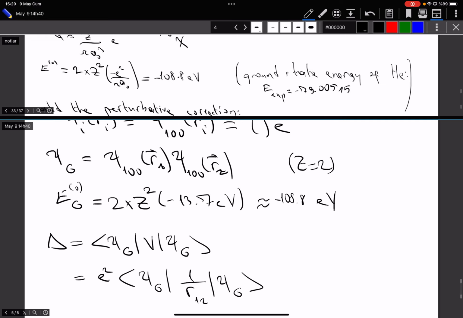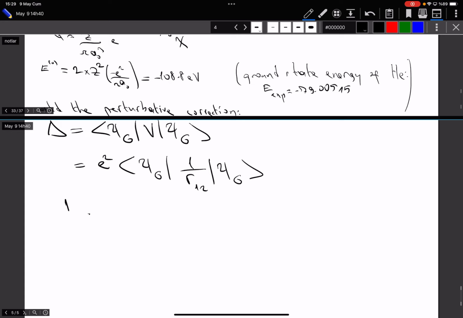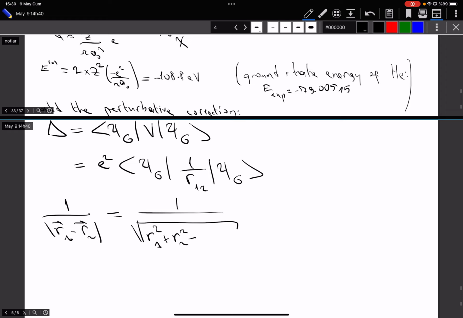We know the wave function. So 1 over |R1 minus R2| will have a complicated expansion. In fact, you can write this as 1 over square root of R1 squared plus R2 squared minus twice R1 R2 cosine gamma, gamma being the angle between those 2 vectors R1 and R2.